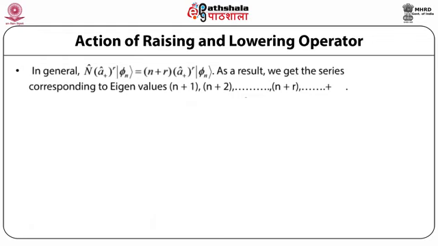As a result, we get the series corresponding to the eigenvalues n plus 1, n plus 2, and so on, n plus r, and further continues, where the eigenvalue n plus r corresponds to the number operator acting on the raising operator which acts r times on the eigenvector phi n.